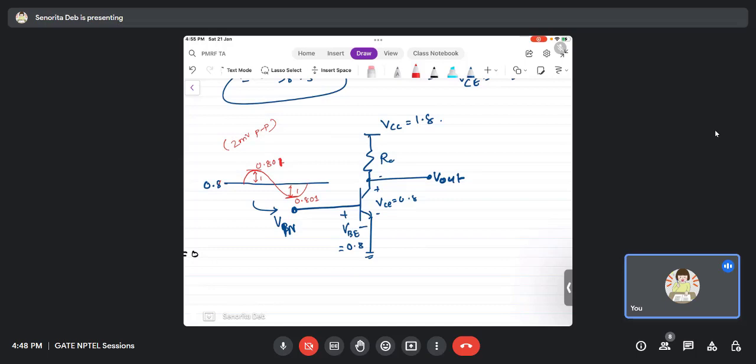I'm saying 2 millivolts peak to peak. So this is VBE, right? The base voltage. I told you, right? The input is a combination of DC and AC. So this DC is 800 millivolts, or 0.8 volts. And I'm saying that the small signal is 2 millivolt peak to peak. So if the small signal is 2 millivolt peak to peak, that means it is going 1 millivolt in positive half up, 1 millivolt in negative half down.